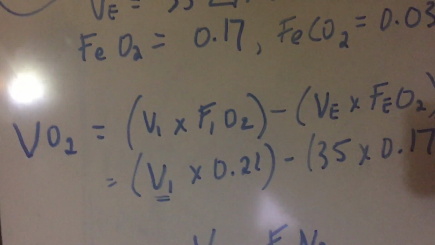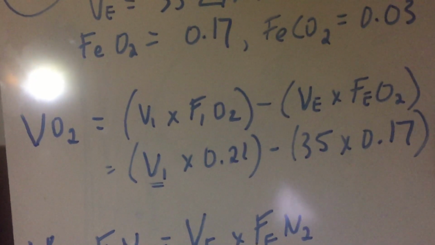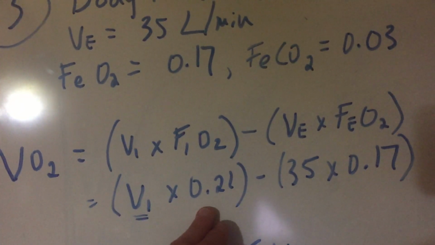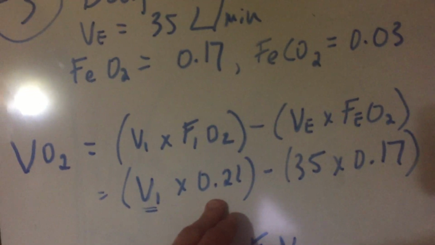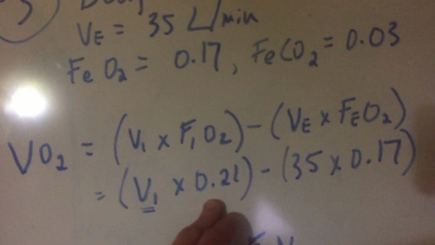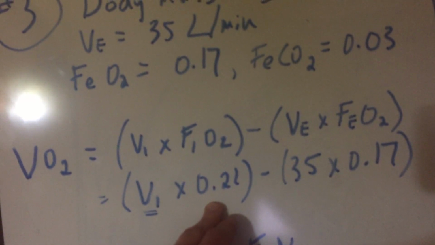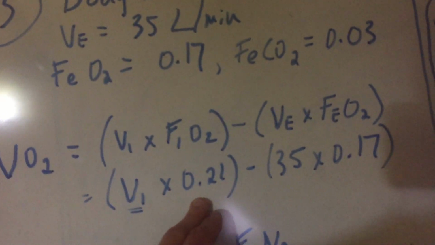So from this whole equation, the only thing that we have to solve for here is your ventilation inspired. Your fraction of inspired oxygen is always 21%. On Earth, the percentage of oxygen in the air that we breathe is always 21%.